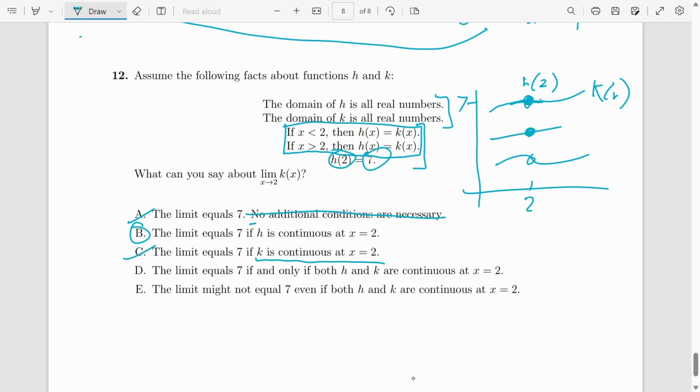We only need to know if h is continuous at that point, not if h and k are. So D's wrong. And then E says none of them are. Who knows? We don't have enough information, and any information we can generate probably won't be enough. We proved that wasn't right. So E's wrong too. It's B.